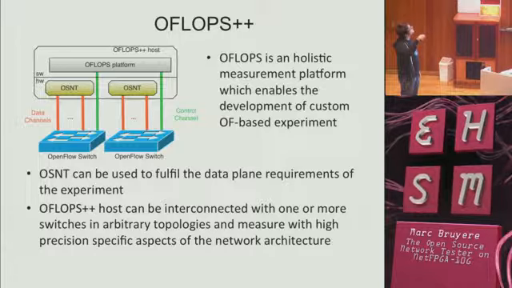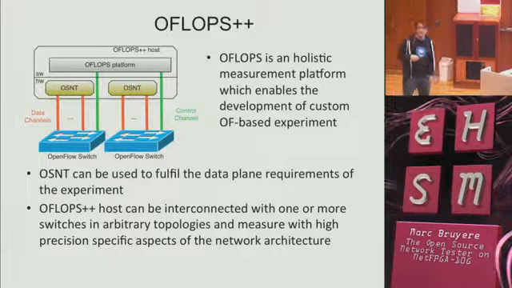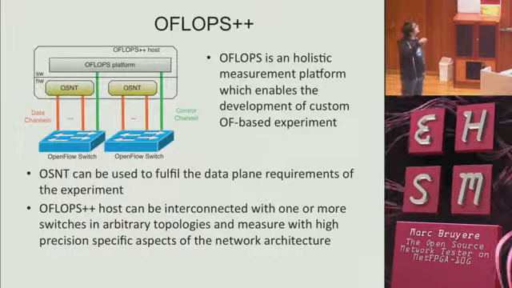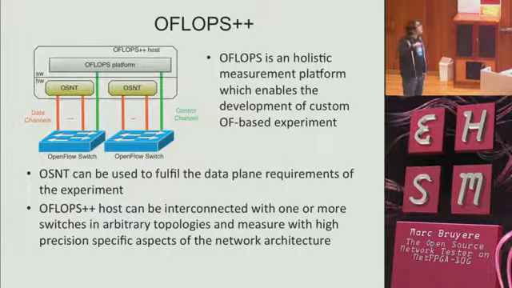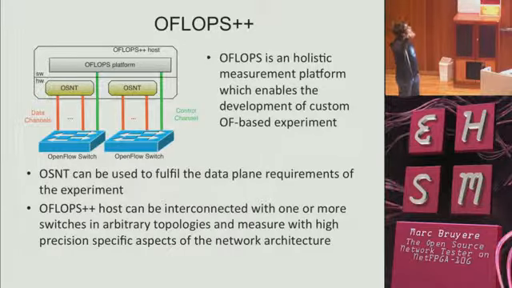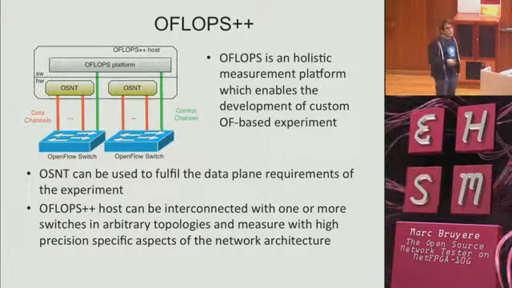Then we use OSNT to test new OpenFlow implementations we have today. We send an OpenFlow request to the switch to, for example, just change a flow, and then we measure how much time it takes the switch to perform that action.